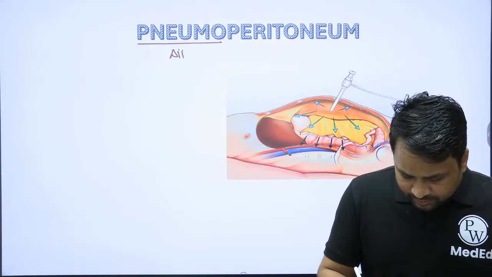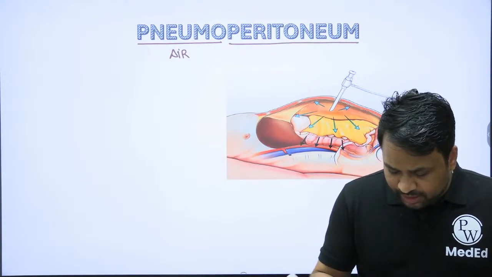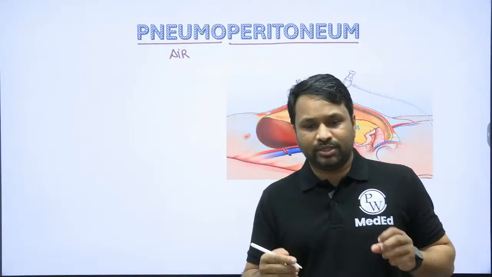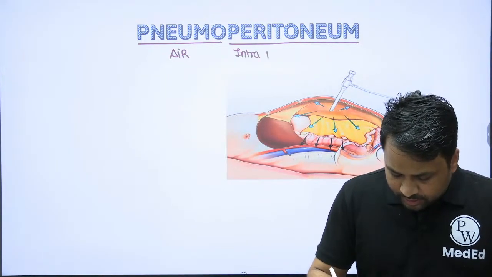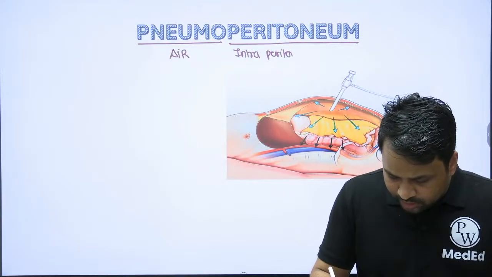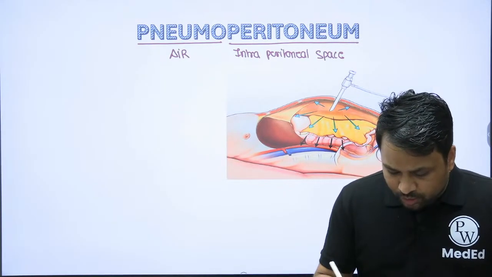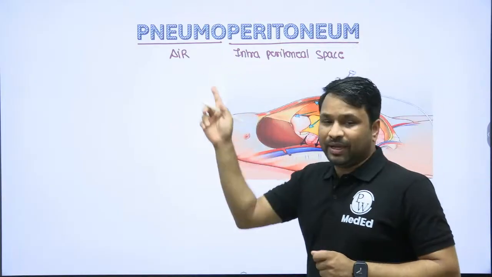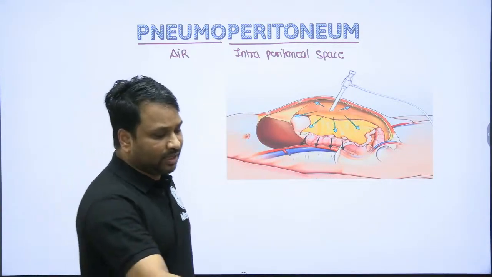So this means we have to fill up the air, and the word peritoneum is going to be the intraperitoneal space. So the word pneumoperitoneum is basically trying to tell you that you're filling up air within the peritoneal space. Now, why do you want to fill up the air within the peritoneal space?